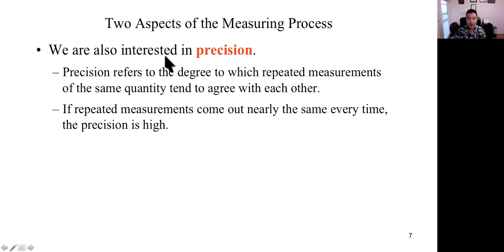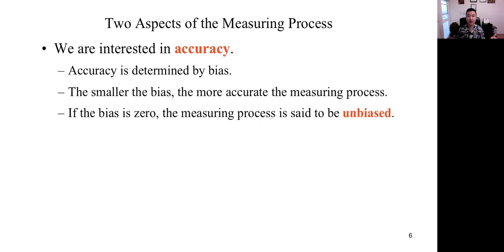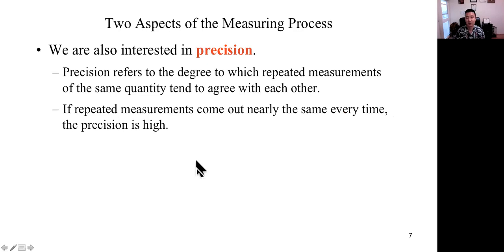We are also interested in precision. You may think accuracy and precision are similar or the same words, but in this chapter, they have different meanings. Again, accuracy is determined by the bias. The smaller the bias, the more accurate, or the higher the accuracy. Precision is determined by uncertainty.